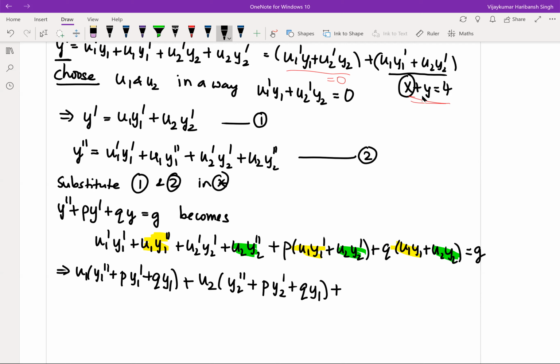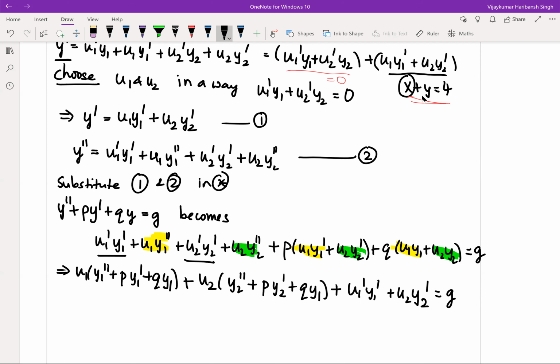Plus, what is left out now? We are left with u1 prime y1 prime plus u2 prime y2 prime, and that is equal to g.